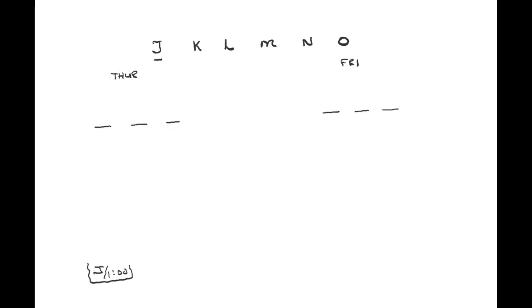Next constraint, M and N are on the same day. So M and N are together. Third constraint, L and O are not together. So L is not with O. And if L is on Friday, L lectures at 1.